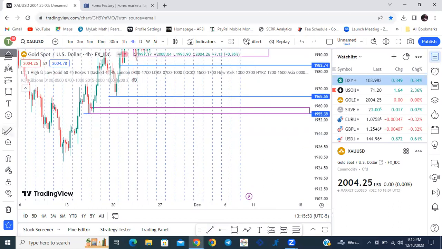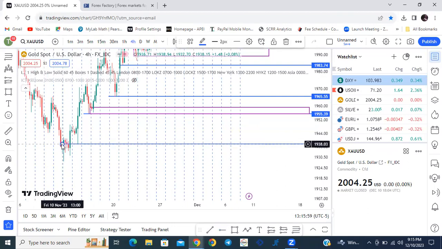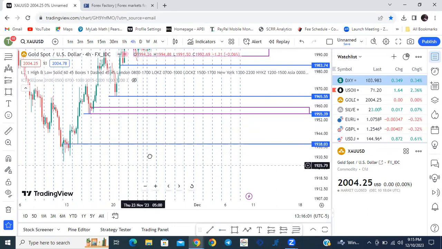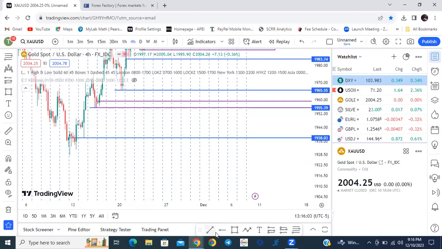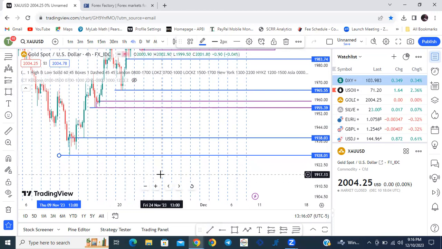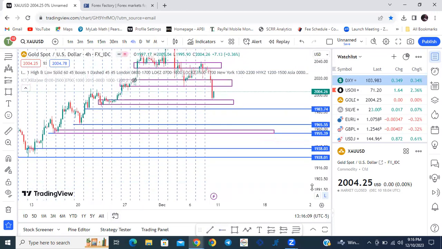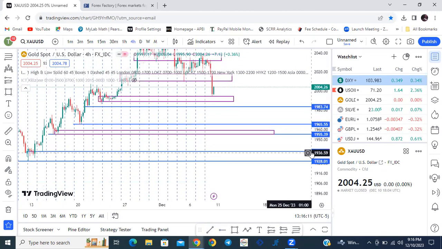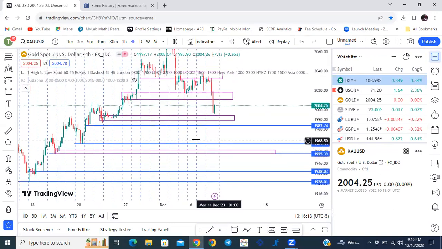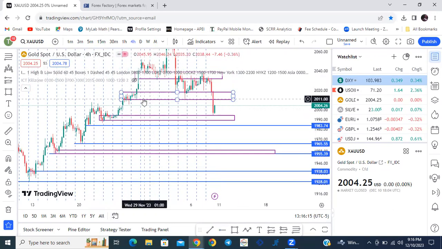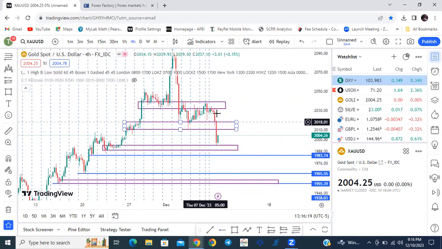If this level of demand is not sustainable, then we might see the price of gold come all the way to around 1938 and probably to around 1928, so as to complete this model, because you can see whatever is happening this side is a replication of what is happening here.